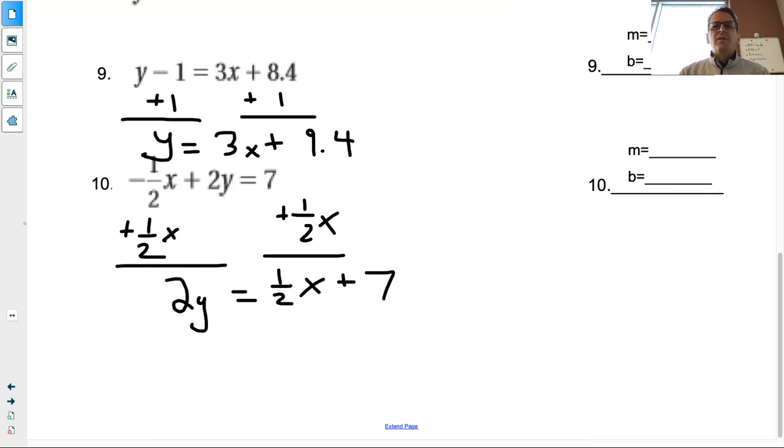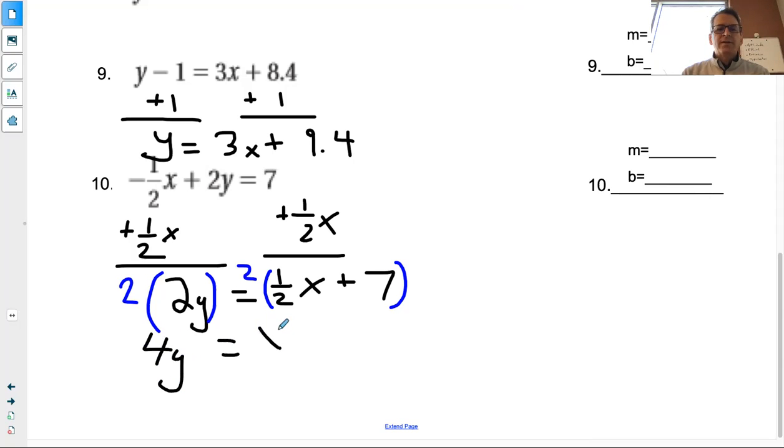Then what I'm going to do is multiply both sides by 2 in order to get rid of this fraction. That enables me to have now 4y equals x, 2 times a half is x, plus 2 times 7 is 14.